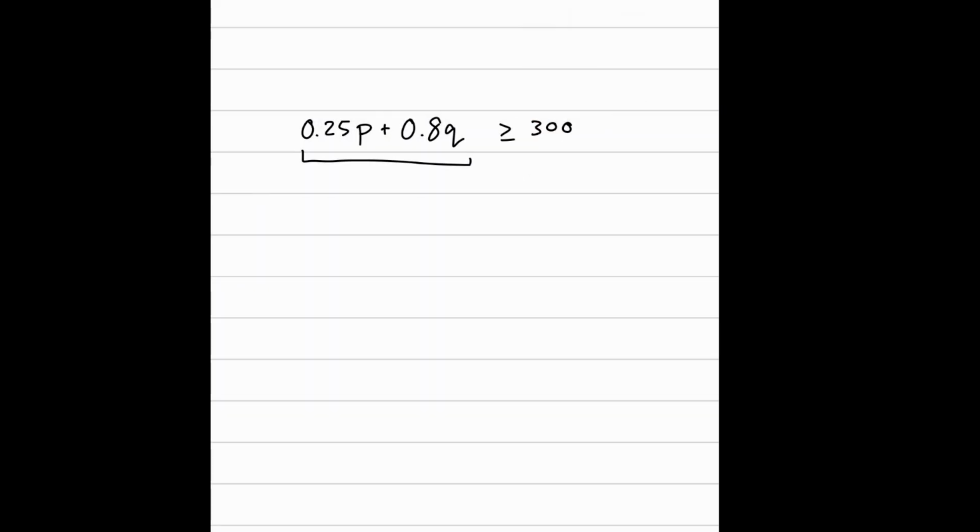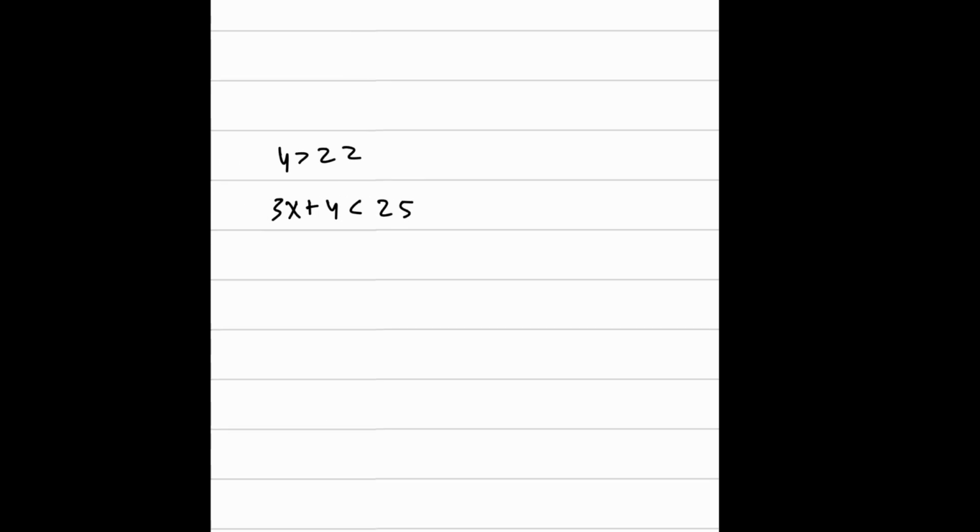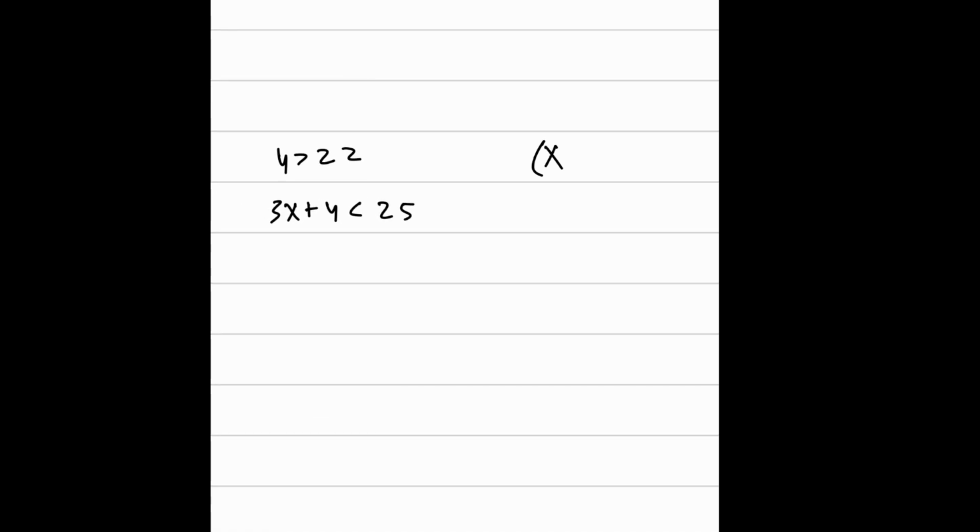So we have this system of inequalities: y greater than 22 and 3x plus y less than 25. We're told that the point x comma 46 satisfies both inequalities, right? And they gave us answer choices, right?